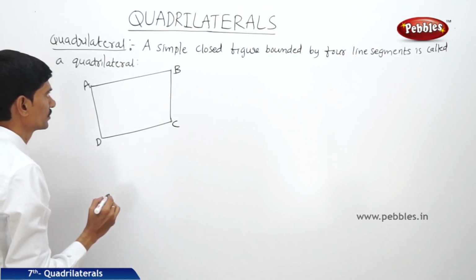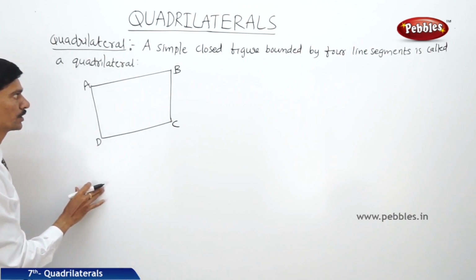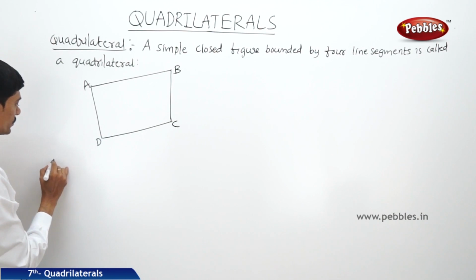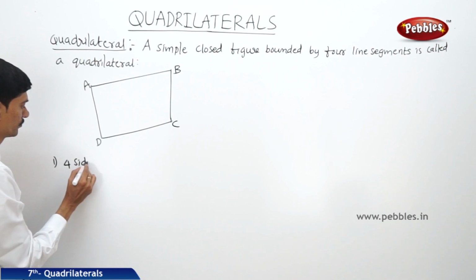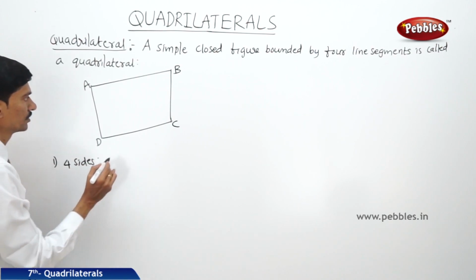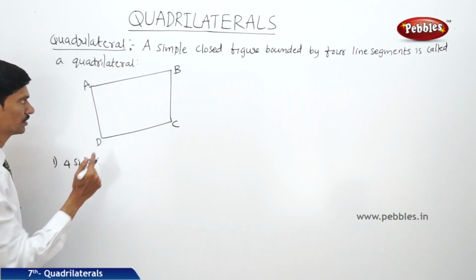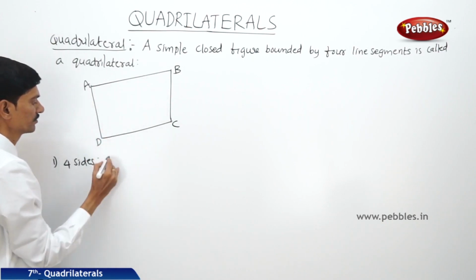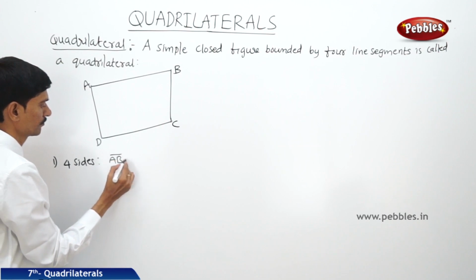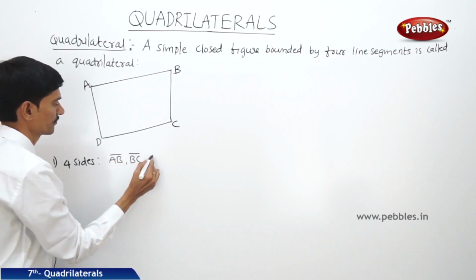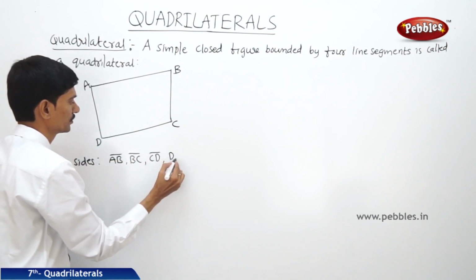Now what are the different parts of the quadrilateral ABCD? So the first one is the sides, four sides. The four line segments which form the quadrilateral are called the sides, namely AB, BC, CD and DA.